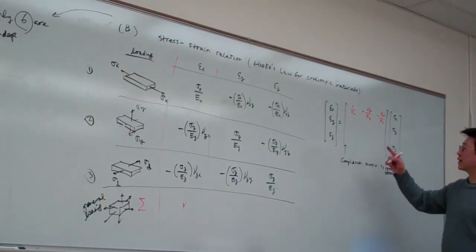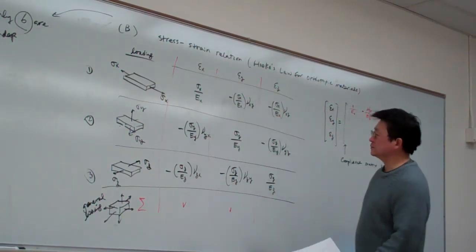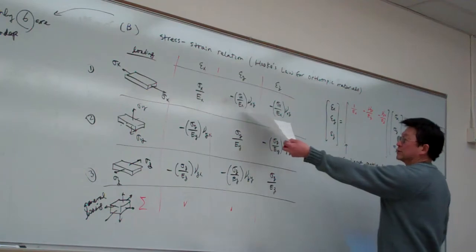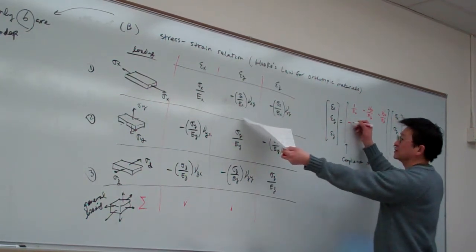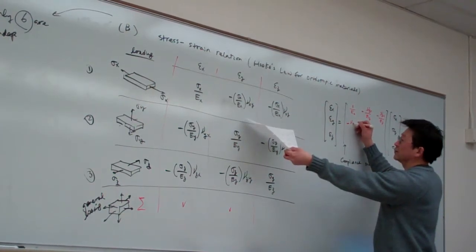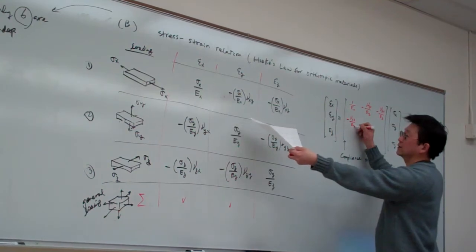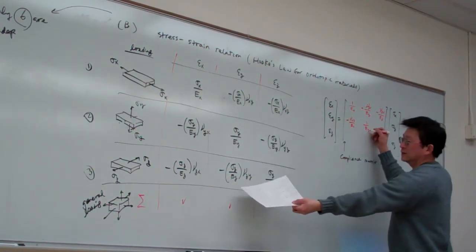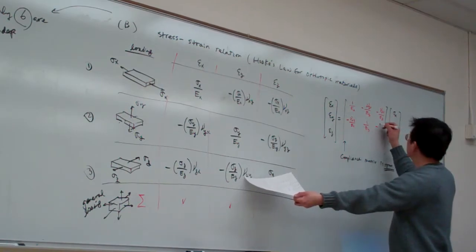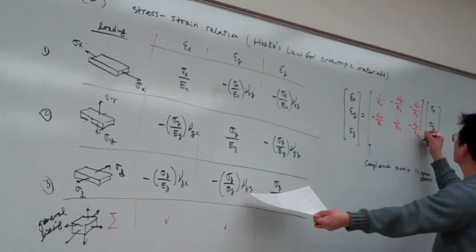Good? Okay, now let's proceed. For the second term, the first term is the coefficient multiplied with sigma x, so that is minus mu xy over Ex, the second one is 1 over Ey. The third one is minus mu zx and Ez.